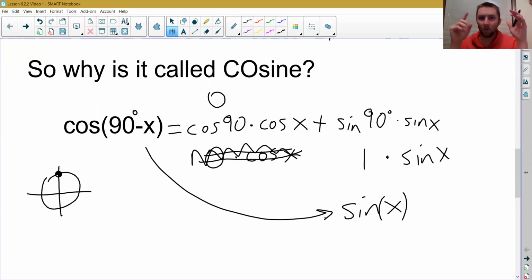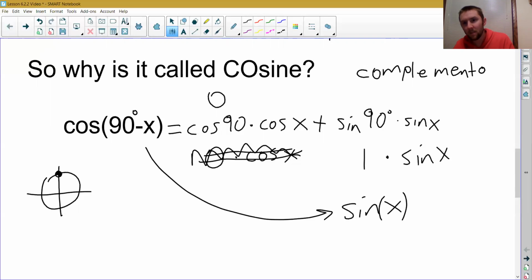Now, in order to understand why this is called cosine, we need to understand that co, in this case, is actually short for complementary. What did it mean when we had 2 different angles and they were complementary?